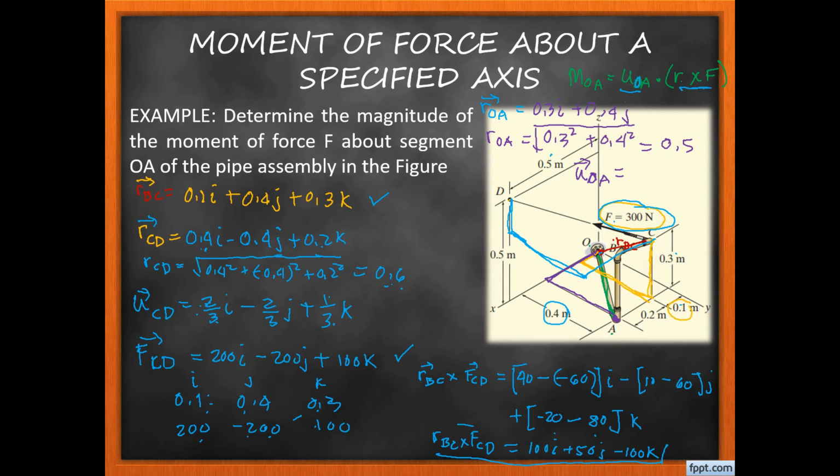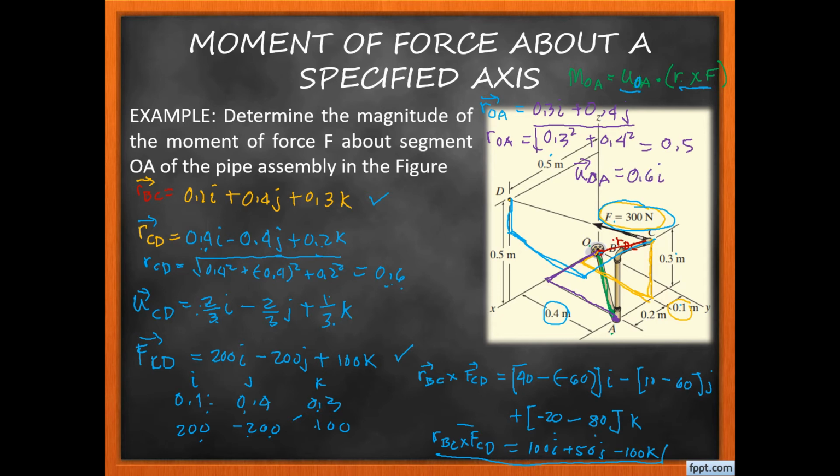So 0.3 divided by 0.5 is 0.6, so meron tayong 0.6i.